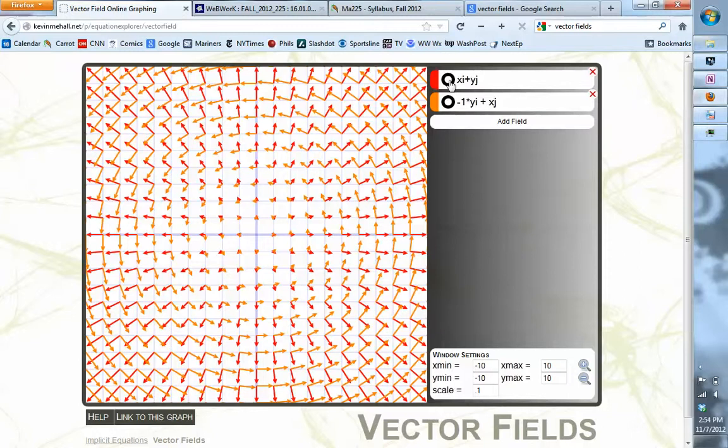These are perpendicular at every point at which they're defined, and it gives some really interesting geometric patterns here. What can you say about the magnitudes? They're the same, and so what we have are these nice little isosceles right triangles everywhere.